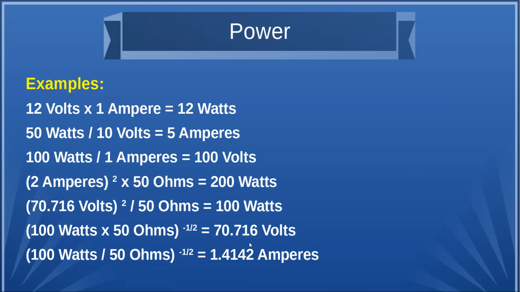Again, we want to solve for volts. So we take the square root of the watts times the resistance. And if we wanted to do amps, and we knew power and resistance, we take the square root.